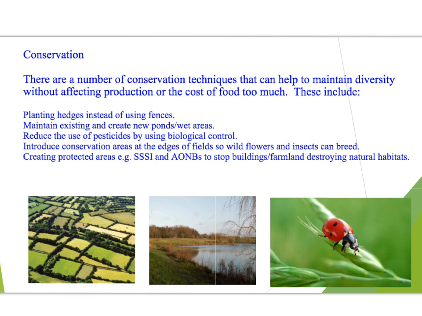There's also potential to create new wetlands, reducing the use of pesticides by using biological control. You could have conservation areas at the edges of fields, so you could have a band around the edge of the field where you've got wildflowers, or creating protected areas.